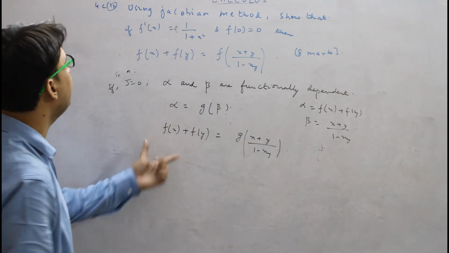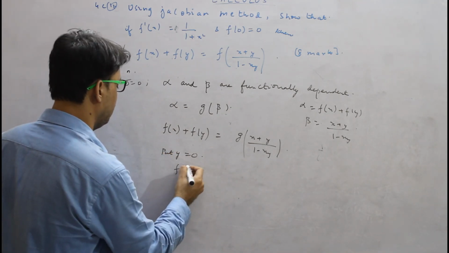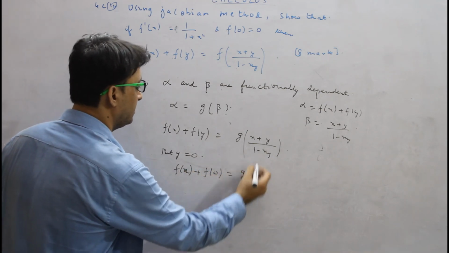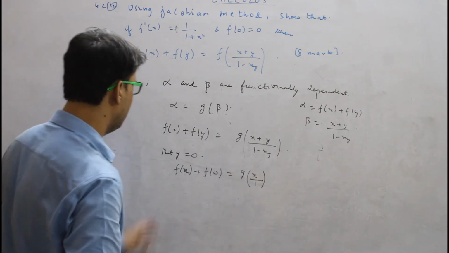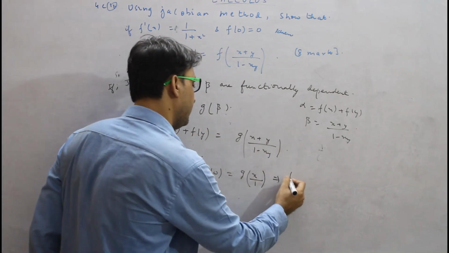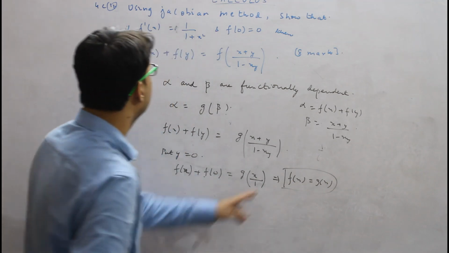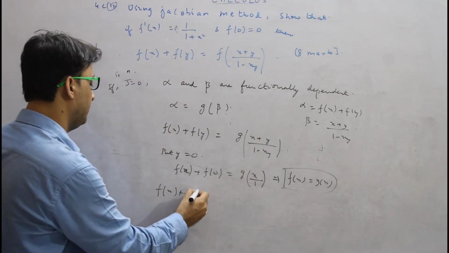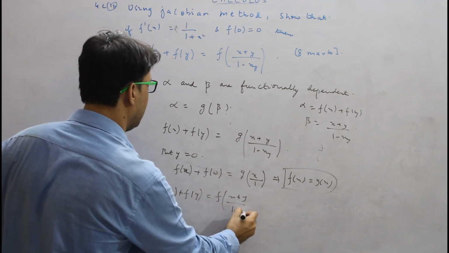So if I put y is equal to 0, this becomes f of 0, and g is x divided by 1. So what we are saying is that we know f of 0 is 0. So f and g are nothing but the same function. So hence we can say that f of x plus f of y is equal to f of x plus y divided by 1 minus xy.